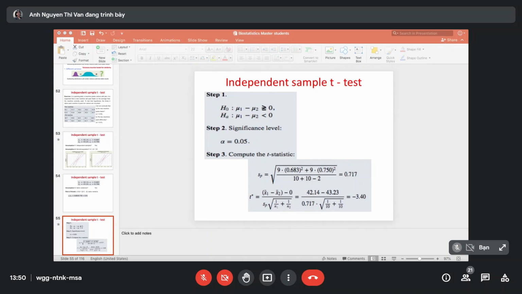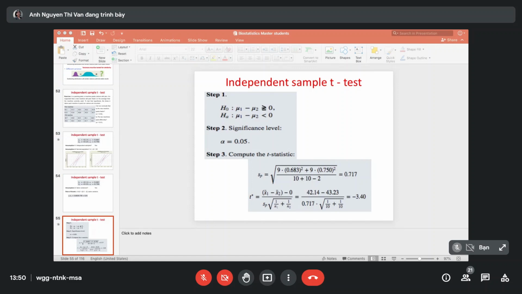In this case, because the H0 is mu1 minus mu2 higher than 0, the low value, less than 0 for example, will reject H0. So it means just one tail, only the low value can reject H0. This answer also helps you to determine the rejection region, the low value.